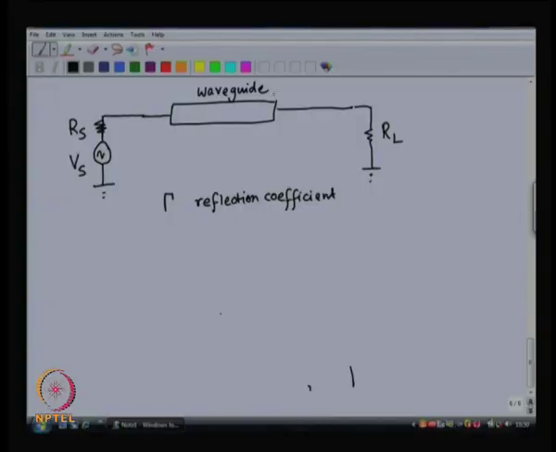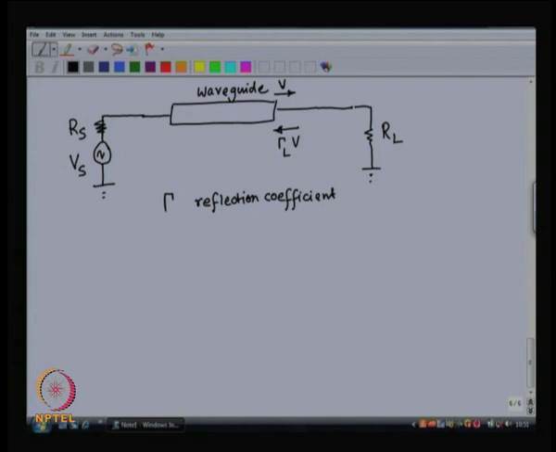So, if I have a wave of amplitude V hitting the load, then gamma times V is going to reflect back from the load. Gamma L, gamma subscript L basically means the reflection coefficient at the load.